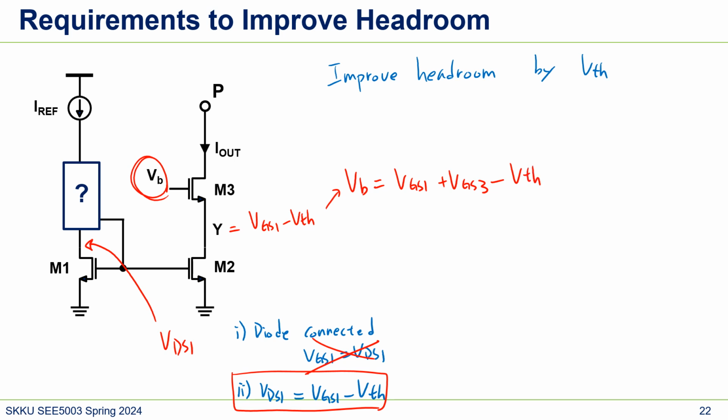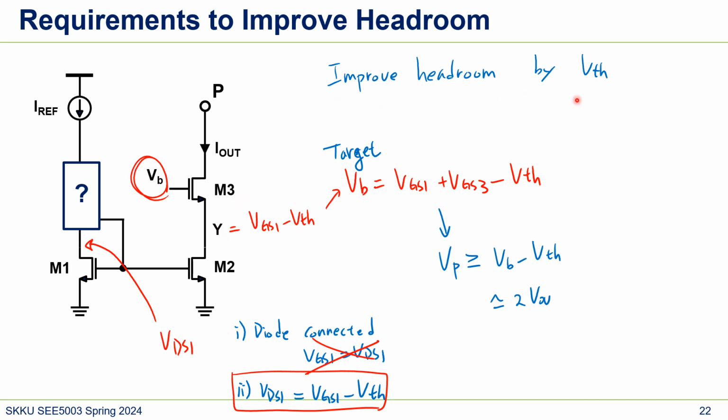So this is also our goal. Our target VB becomes this, and then this can make our VP as VB minus VTH, which is 2 VOV, right? So this is our thinking flow.